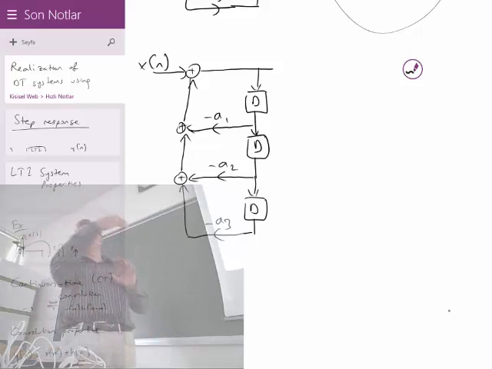So the right hand side of the top figure, which is gone now, is here.